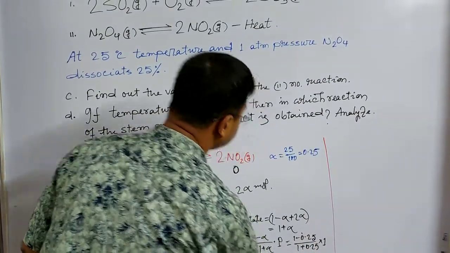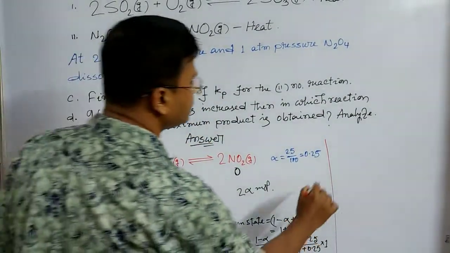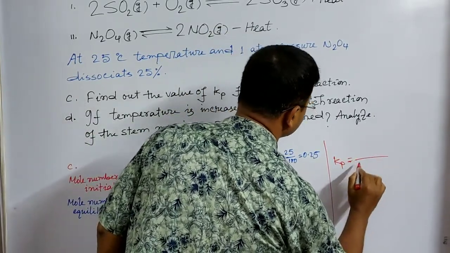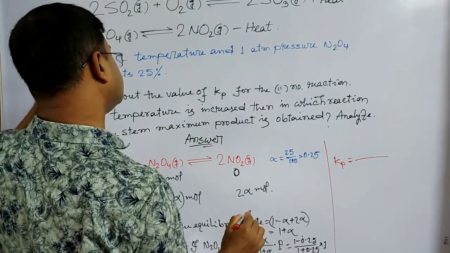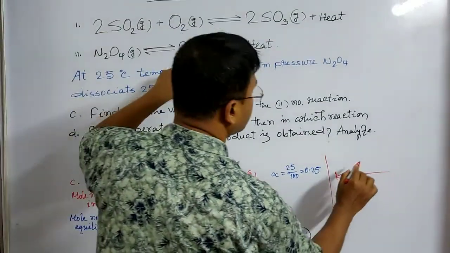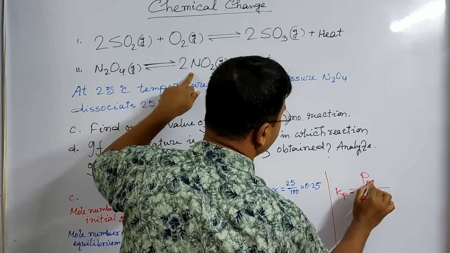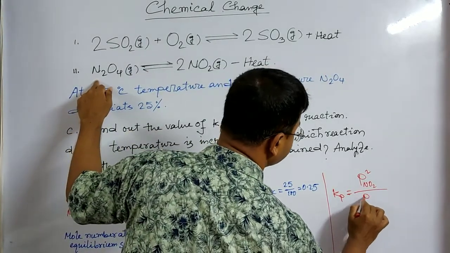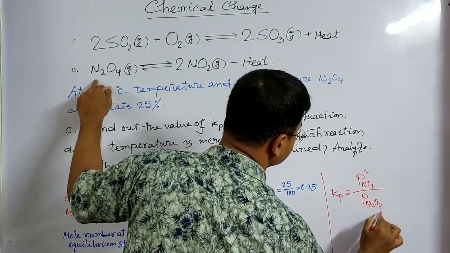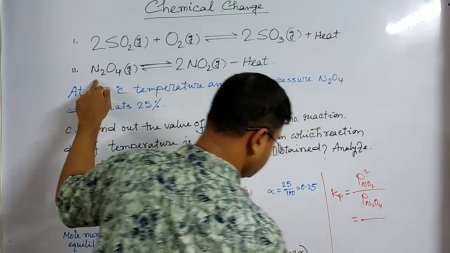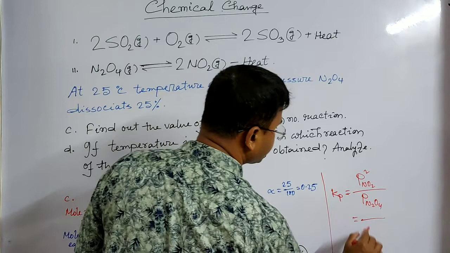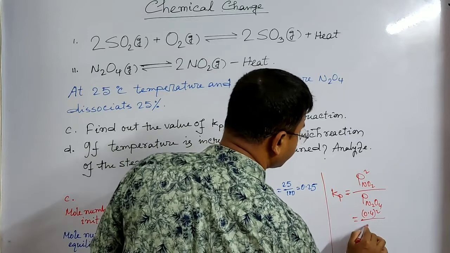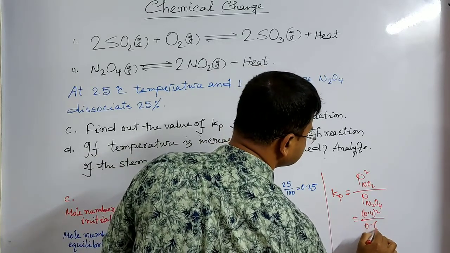My dear students, we know that equilibrium constant Kp equals partial pressure of the product, with the coefficient as the power, divided by partial pressure of the reactant, equals 0.4 square divided by 0.6 atm.